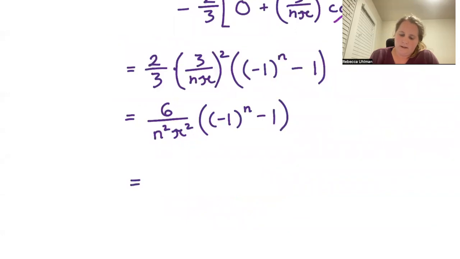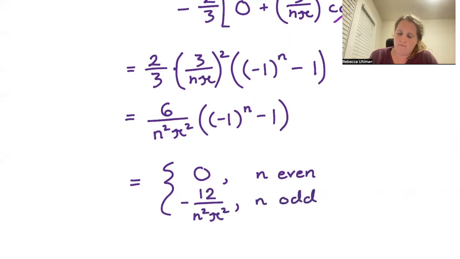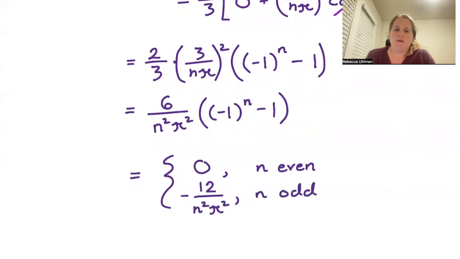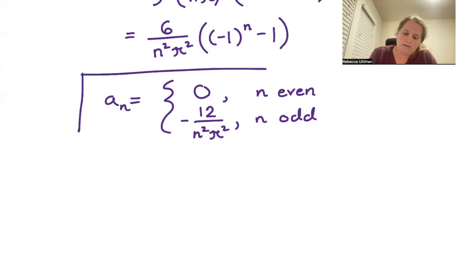Note that this is equal to 0 if n is even, and this is equal to 6 over n pi squared times -2, or a -12 over n squared pi squared if n is odd. So this is our a sub n's.